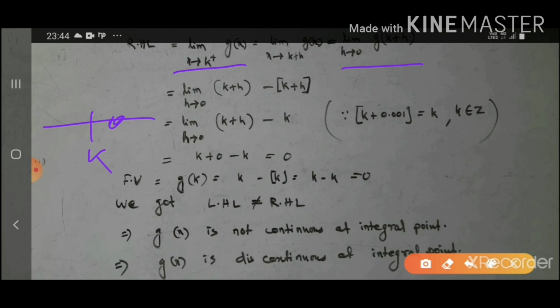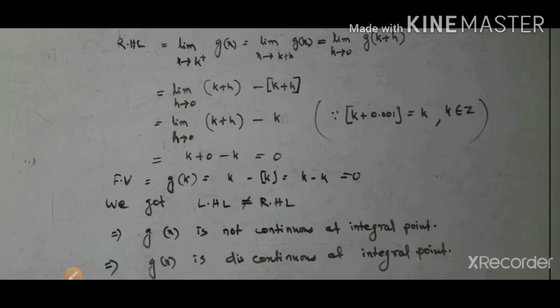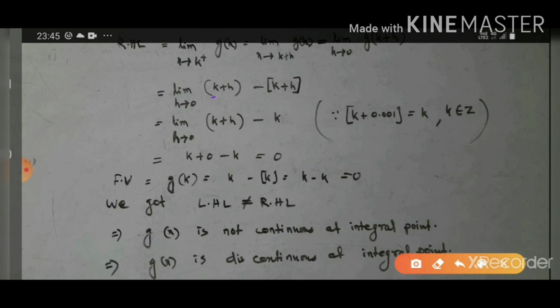Then you know the function g(x) equals x minus [x], so in place of x you put k plus h.